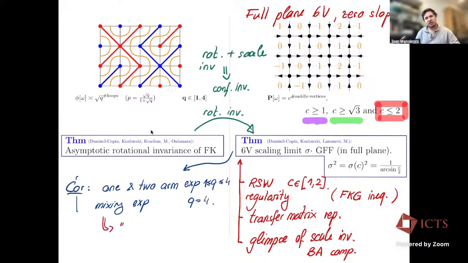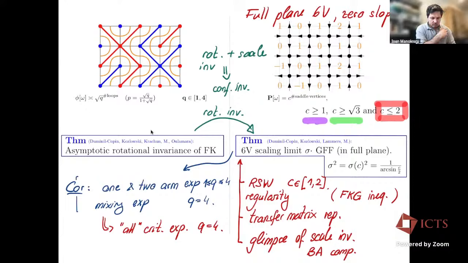If you have this mixing exponent that we call iota, and the one-arm exponent, you may obtain all the other standard critical exponents. So at Q equals 4, it's in preparation, but there will be a proof that critical exponents are what you expect them to be.